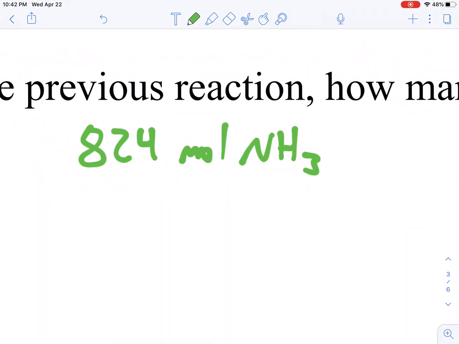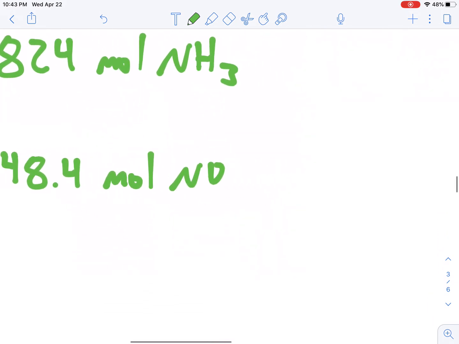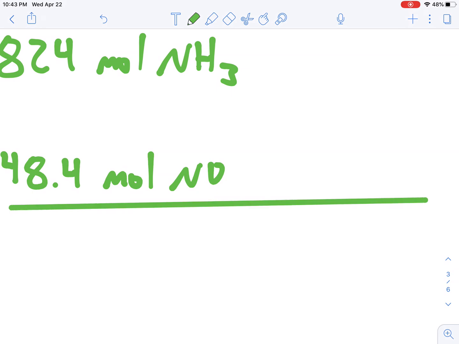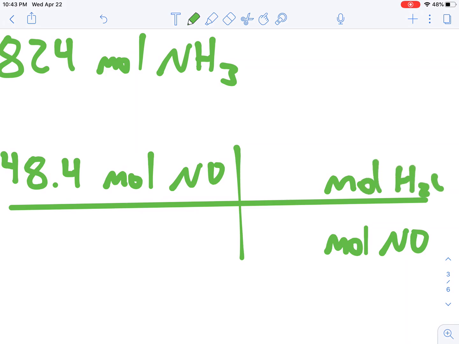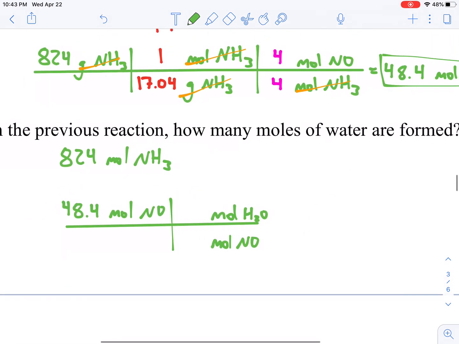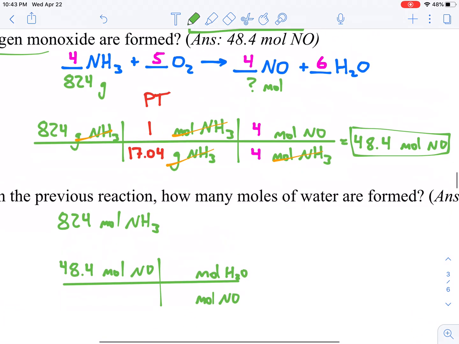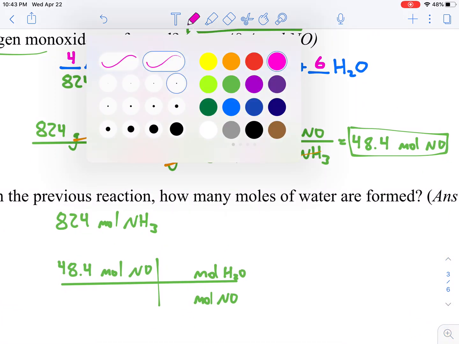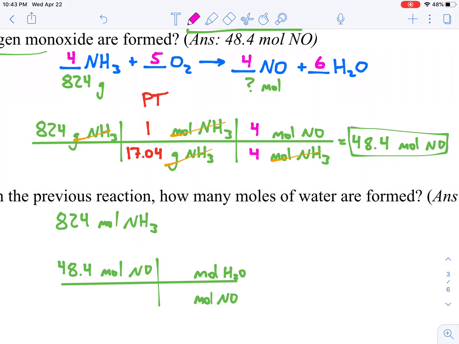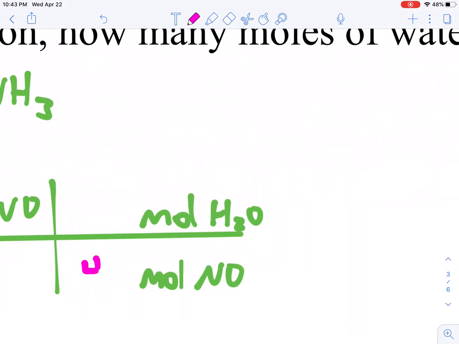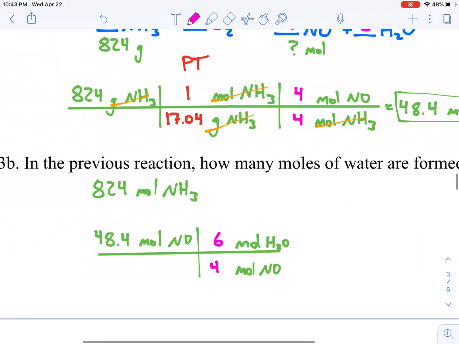If we have these 48.4 moles of nitrogen monoxide, don't we know a relationship that allows us to equate moles of nitrogen monoxide to moles of water? Because ultimately what we want is moles of water. And we do, right? That is the coefficient. And the coefficients tell us that we have 4 moles of NO for every 6 moles of water.